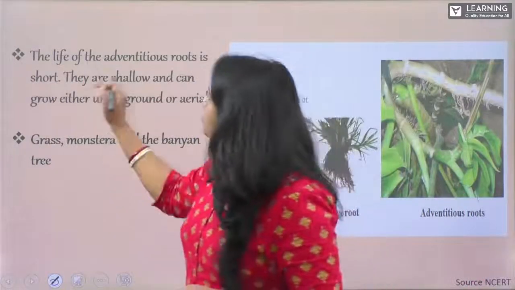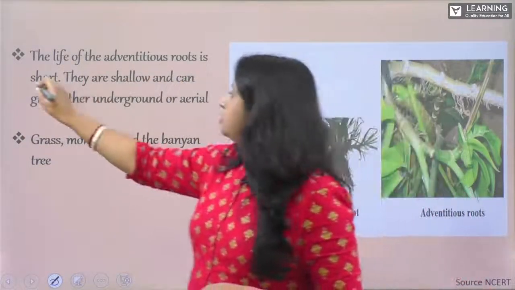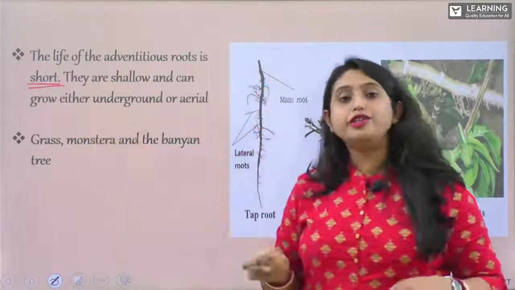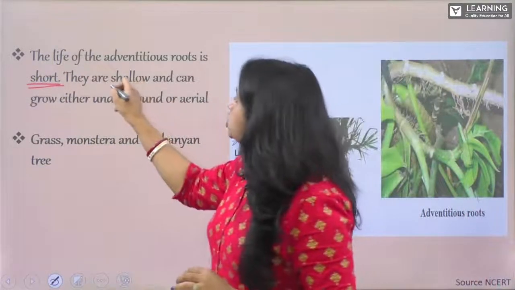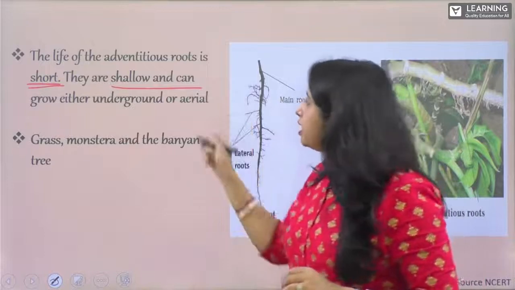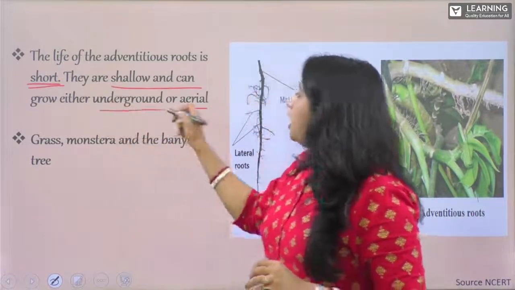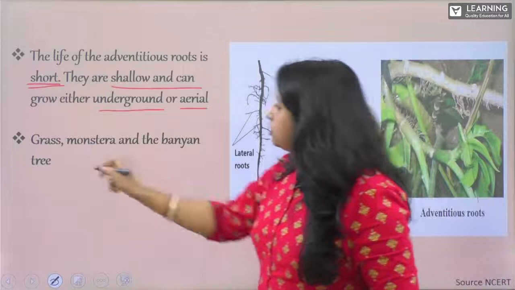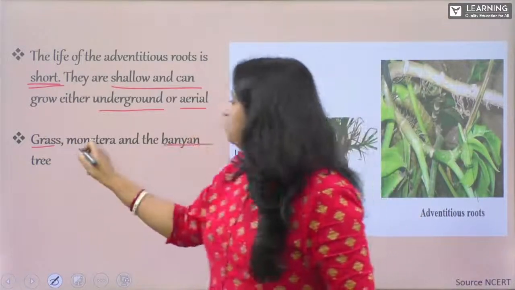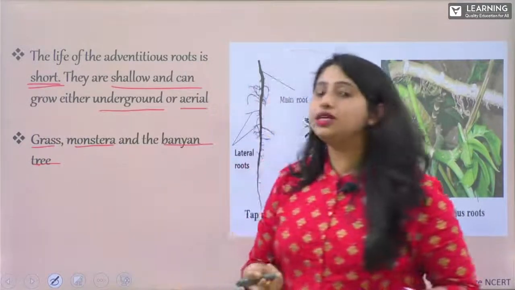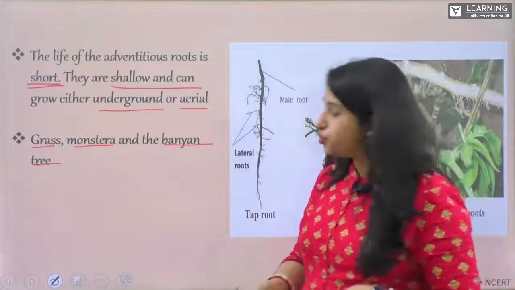And the life of the adventitious roots is very, very short. They are shallow and can grow either underground or aerial, okay? So grass, banyan tree, monstera, all these are examples of your adventitious roots.